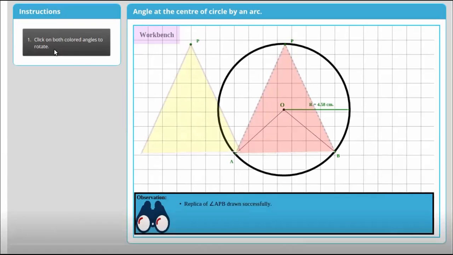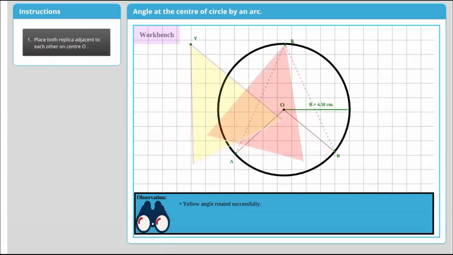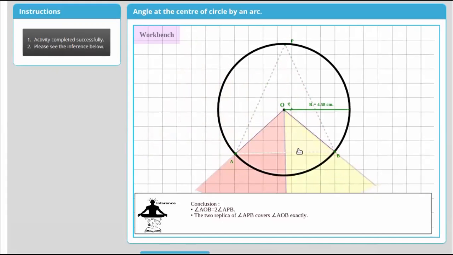Now click on both the colors to rotate the replicas, like this, and adjust both replicas here so that it will show that this angle is double of this one. Okay, got it?